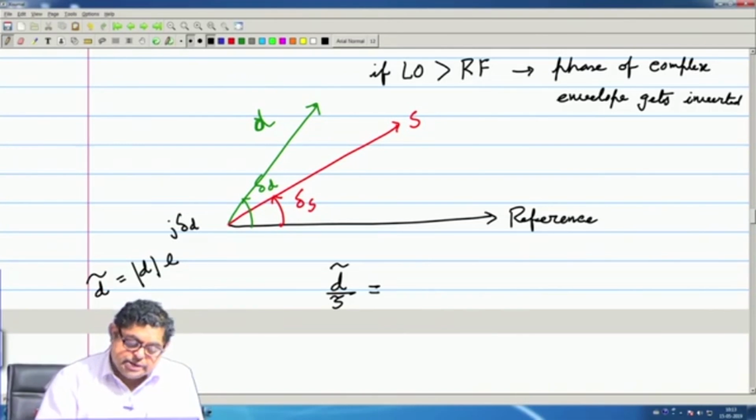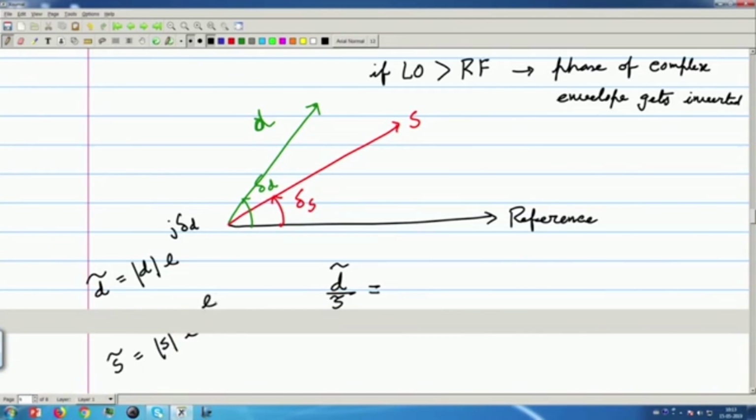What is S? S e to the power j delta S. So, what will be D by S? It will be magnitude D by S times e to the power j(delta D minus delta S), which I will call delta.